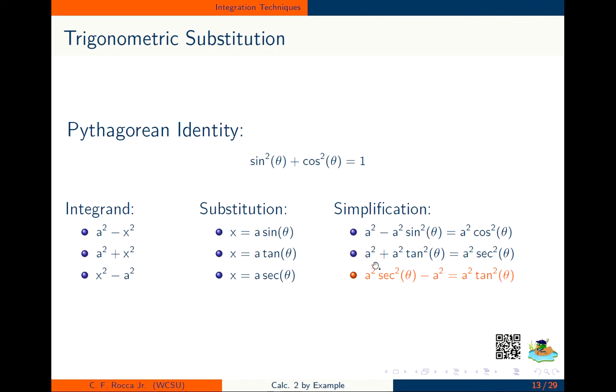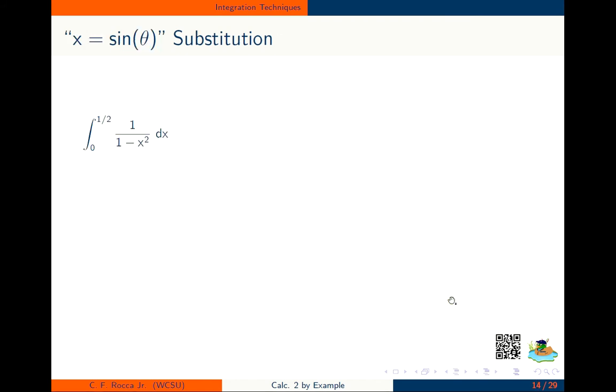And so we've changed a difference of two squares into a perfect square. So in all three of these situations, we're using the trigonometric substitution to change either the difference of two squares or the sum of two squares into a perfect square, which will then allow us to make some simplifications.